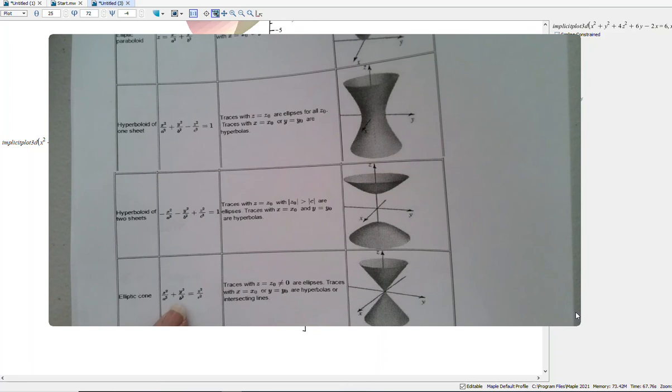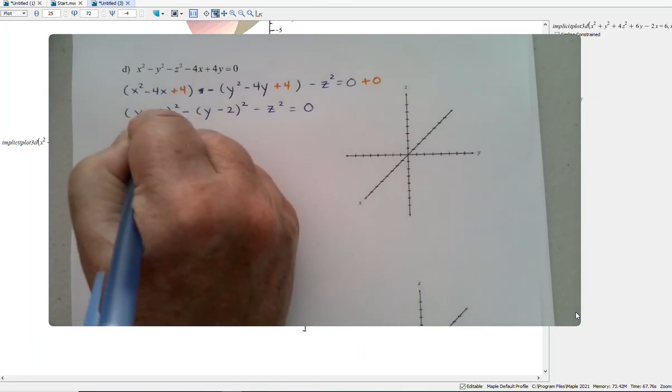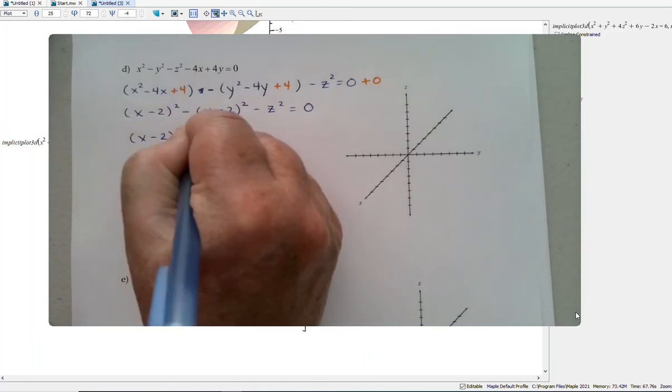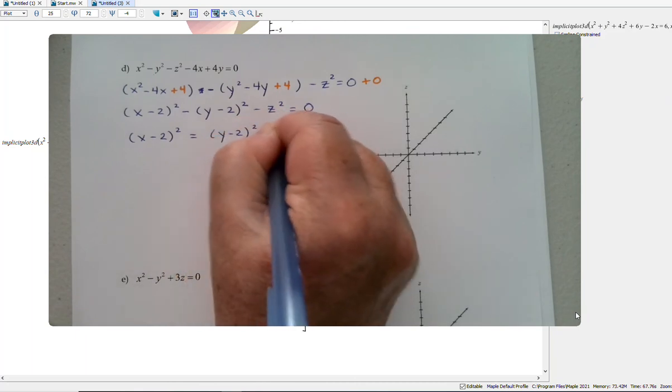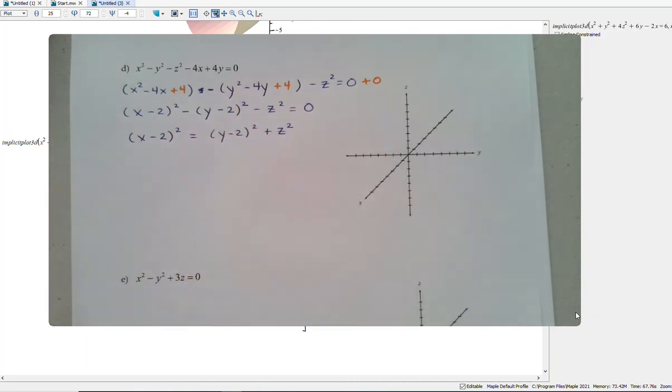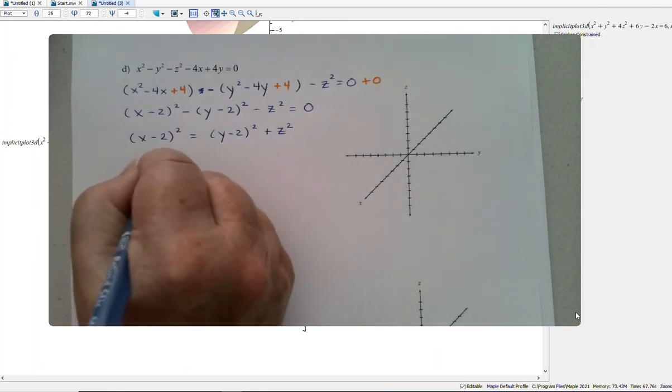A positive on one side and then 2 positive terms on the other side. So I think I have an elliptic cone here. Let me make the changes. I'm going to keep the x minus 2 squared where it is. I'm going to make that y minus 2 squared plus z squared. I'm going to say this is an elliptic cone.